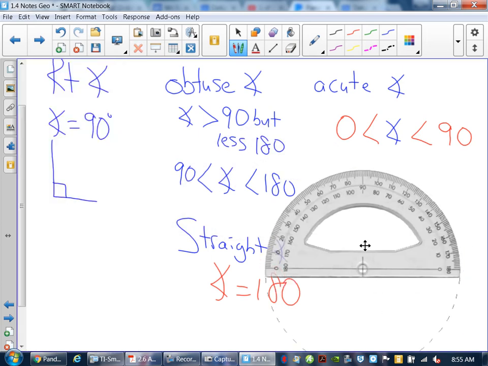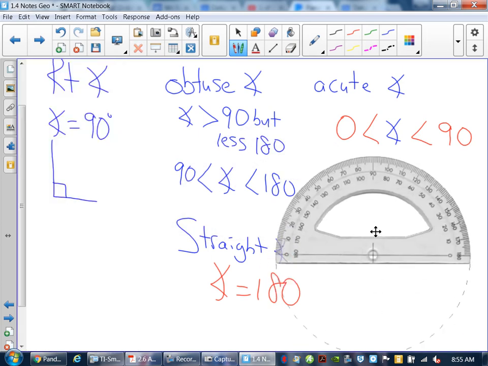When you work with a protractor, what are the values that are on there? It goes from 0 to 180 degrees. So protractors all measure from 0 to 180. That's why we only worry about that in geometry. You don't have to worry about beyond that.